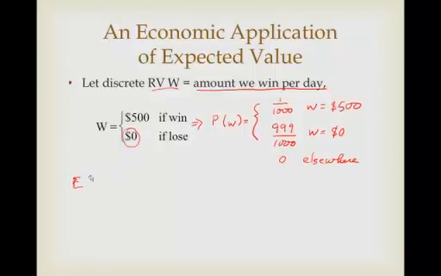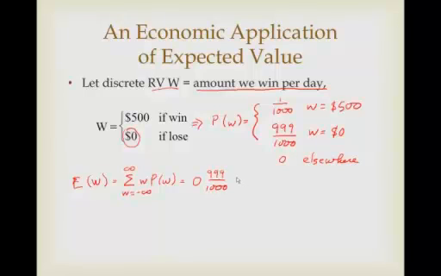So we can then compute our expected value. We're going to take W, let it run from -infinity to infinity, of W times P of W. So we're first going to say we could win nothing, and we have 999 out of 1,000 chances of doing that.